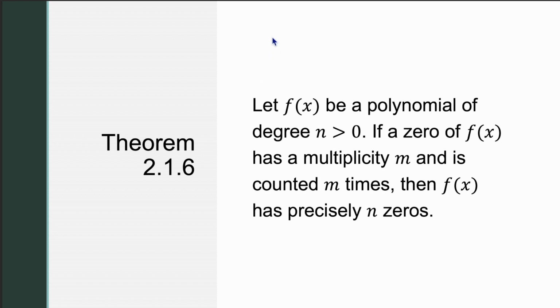So, for example, ang zeros natin is negative 3, negative 2, pero ang multiplicity nito ay 2, and meron tayong negative 1 na ang multiplicity ay 3. So, ilan ang kanyang degree? 1, 2, 3, kasi dalawa siya, 4, 5, 6. So, yan yung sinasabi ng theorem 2.1.6 natin.